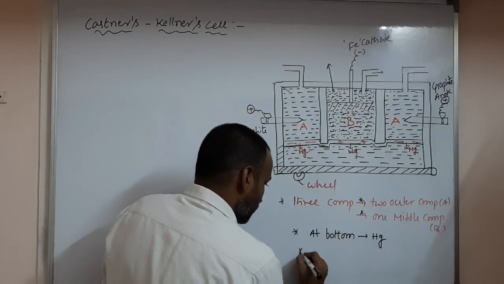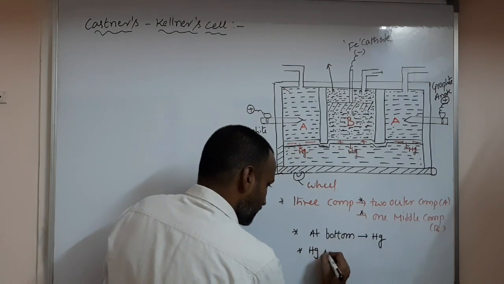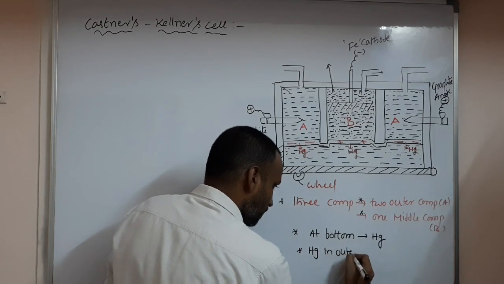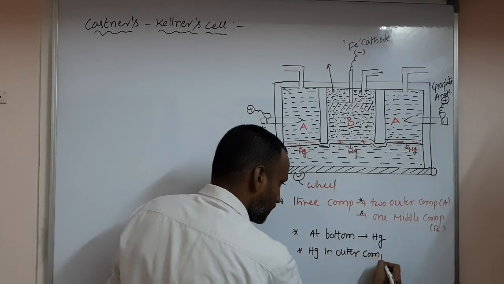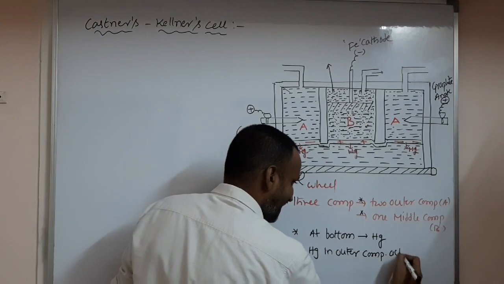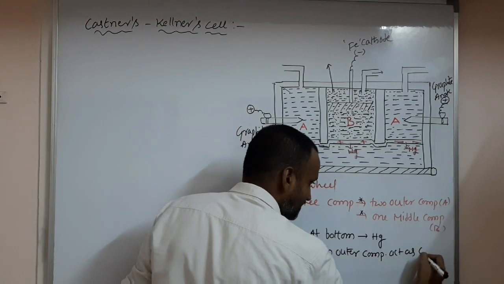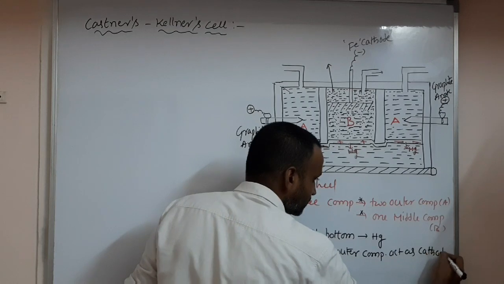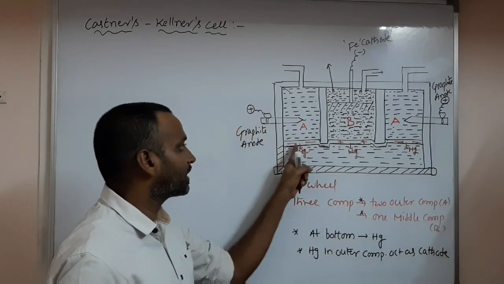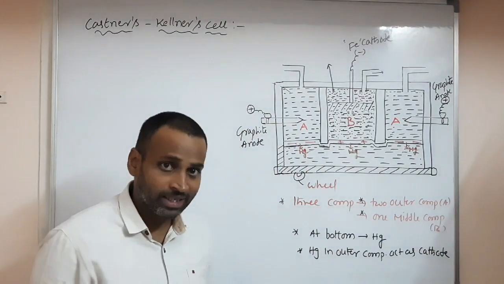One more important thing, mercury in the outer compartment acts as cathode. Remember, this is very important. That's why I wrote minus there. Cathode means minus.